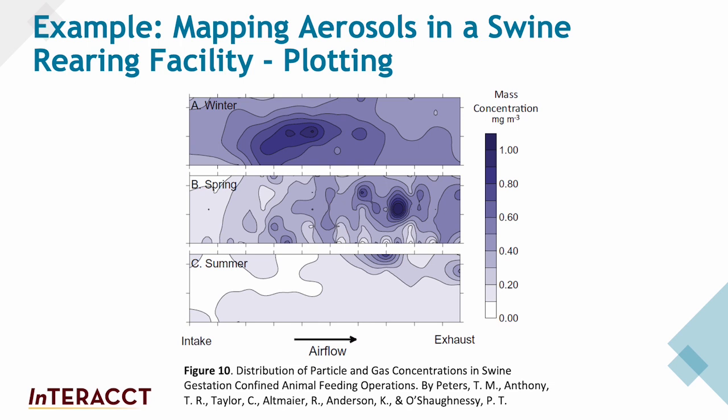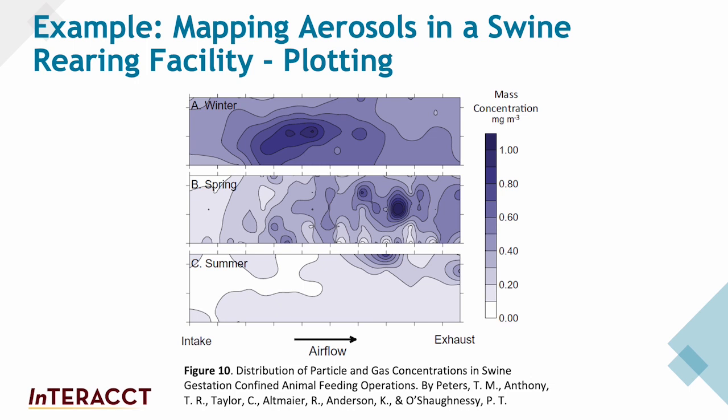To further explain this study, sampling was conducted during 3 different seasons. The resulting spatial graphs showed the highest particle mass concentrations in the winter, when the ventilation rate through the buildings was dramatically lower relative to summer. Likewise, the tunnel ventilation moving from left to right during the winter with a very low flow rate showed relatively uniform concentrations down the length of the building, although high, whereas concentrations were higher on the downstream end of the building in the spring as the ventilation rate increased and moved particles to the right end in a faster fashion.